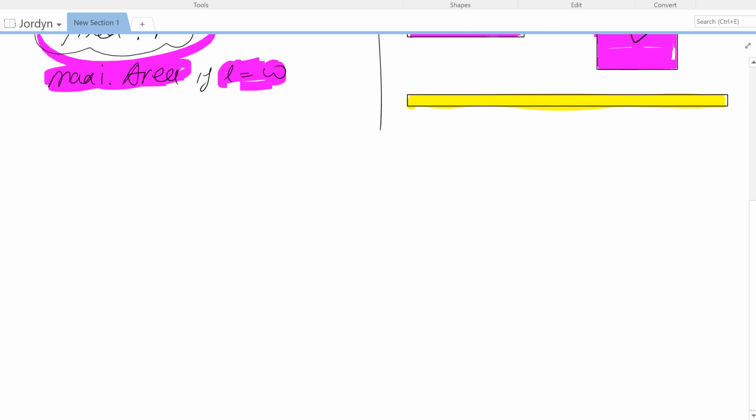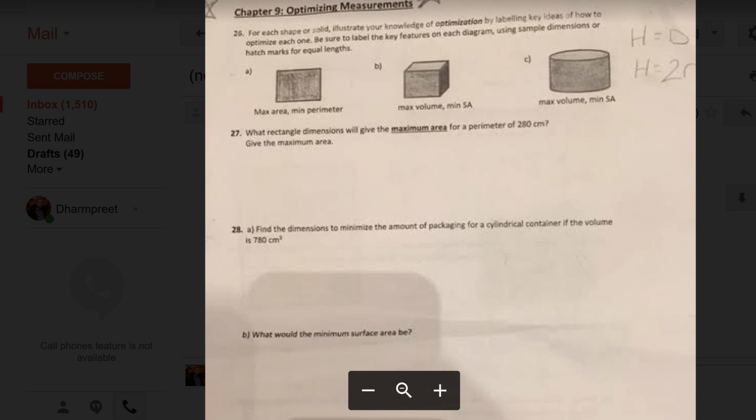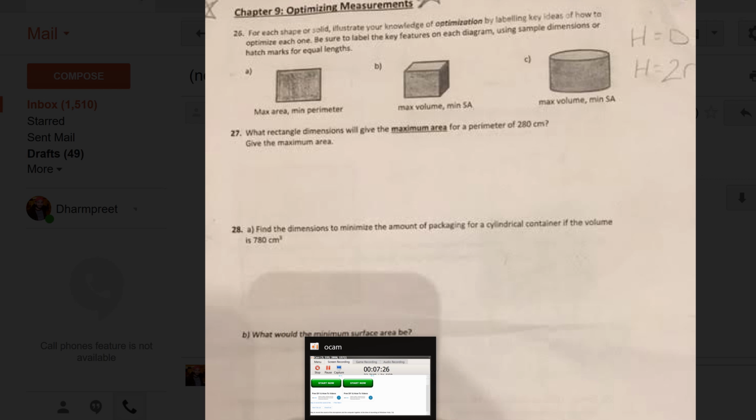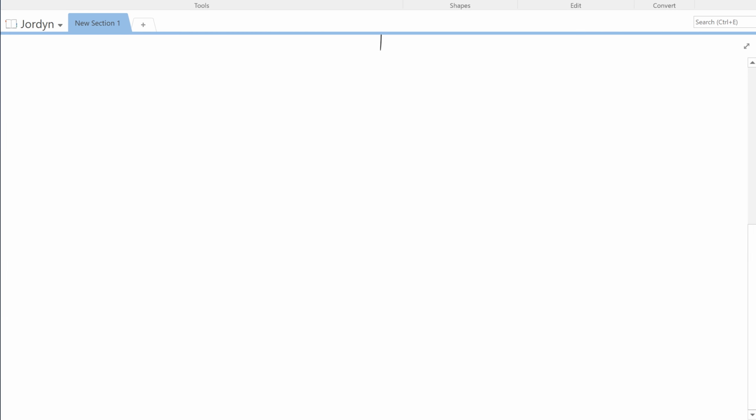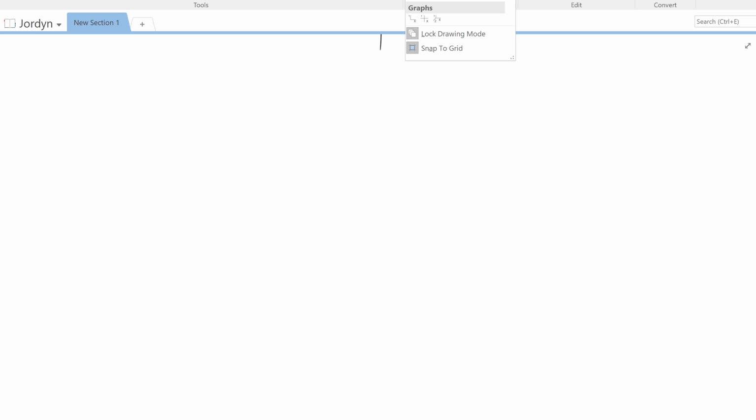Now the next one is pretty much the same question. Let me check it again. Alright, that one, maximum volume. Now, maximizing, let me see, 3D shapes. We don't have 3D.